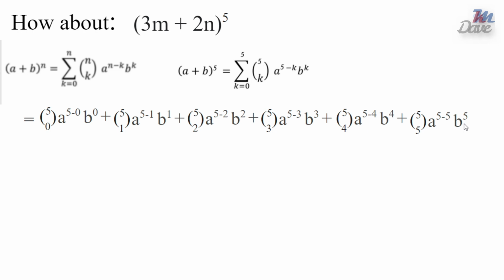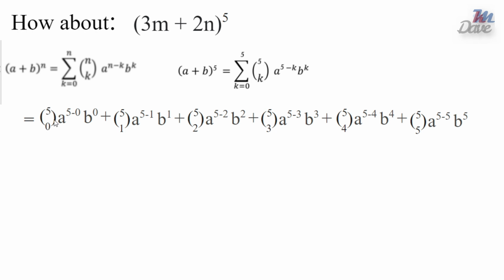Then dito, gamitin muna natin si a plus b raised to n kasi kung i-substitute rin natin agad, malilito lang tayo. Kaya instead of 5 choose 0 times 3m raised to 5 minus 0 times 2n raised to 0, magiging ganito lang muna. At mamaya na natin i-substitute kung nakuha na natin yung value ng bawat combinations.